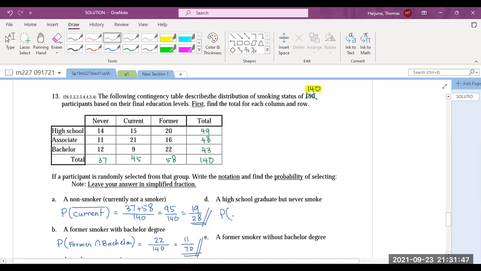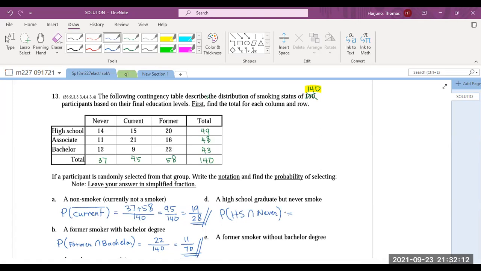Part D, find the probability of selecting a high school graduate but never smoked. High school graduate and never smoke. So whenever we see but, we should use and, right?